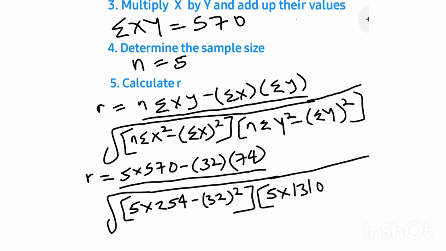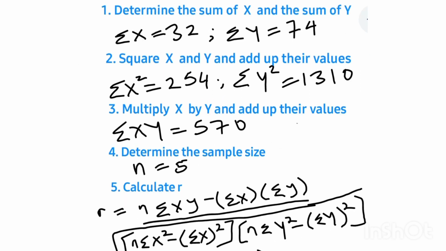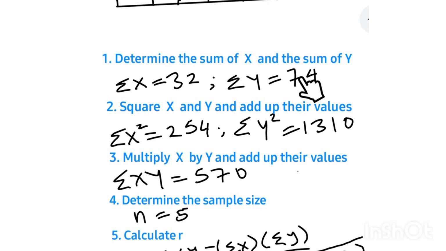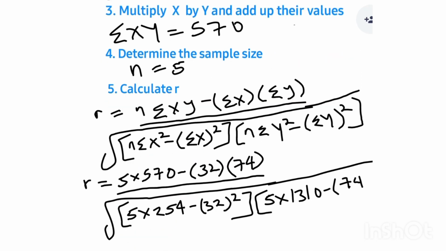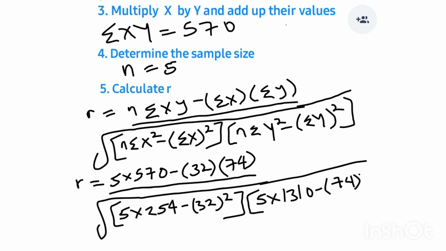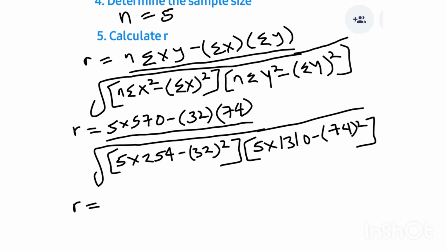We have minus here, we place our minus, and so we have summation Y, we have 74 here, and so we have squares, and lastly our close bracket.